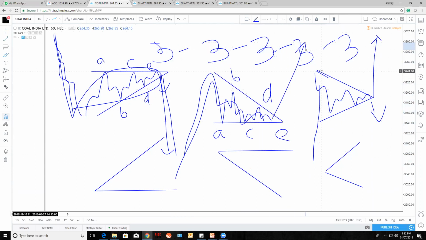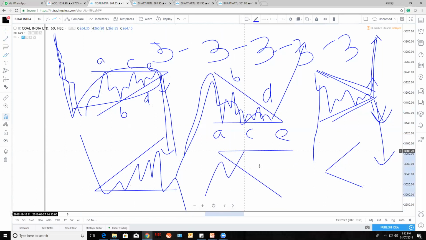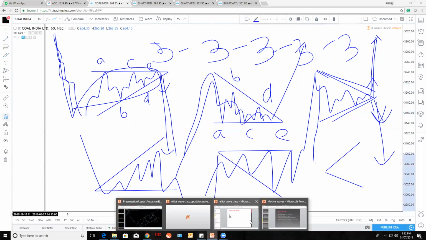Okay. In this type of triangle, it goes either to the top or to the bottom. Whichever direction the breakout is, it will go in the direction of the breakout. Here also it's the same thing. It's coming down. Let's say here it's making a flat correction, then it goes down. From the top, if it is going like this and becomes like this, and again after the correction, it will go like that. So we will see what the triangles are.